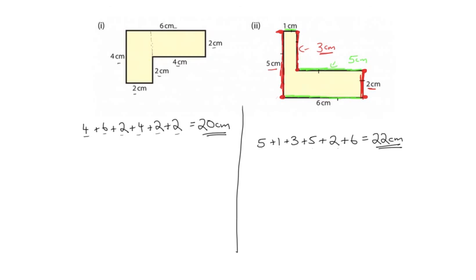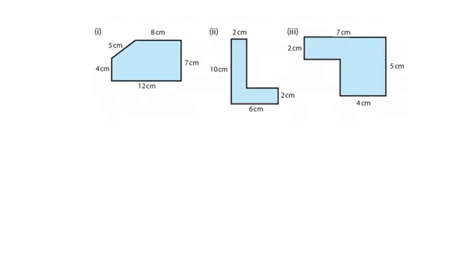So now, having done that, I'd like you to do these for homework, okay? You can see the first one here, they've given you all the sides, so you don't have to figure that out. But you do have to figure out what this side is, what this side is for this shape, and then here you need to figure out what this side is and what this side is.